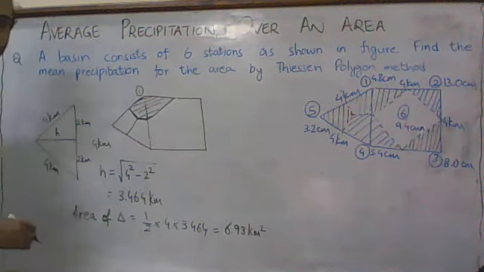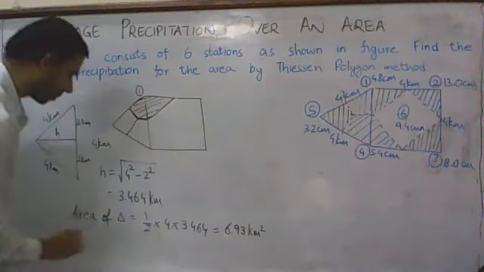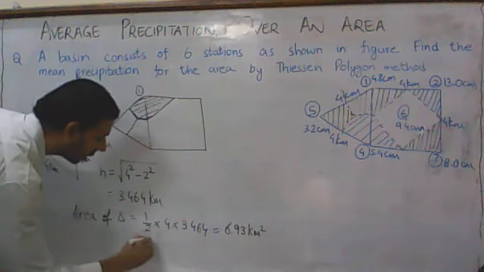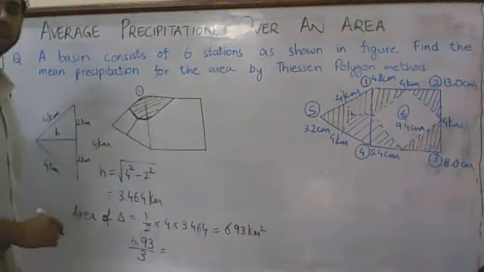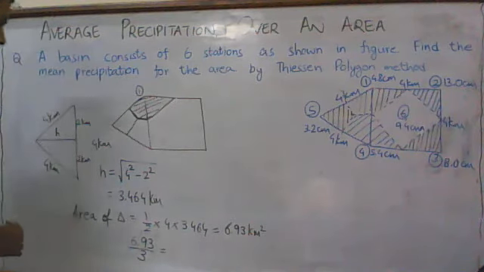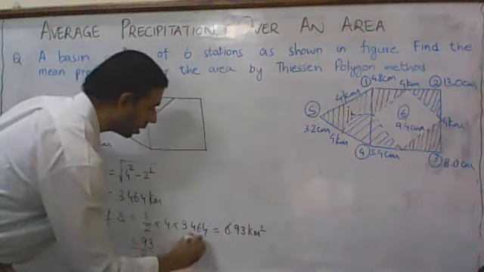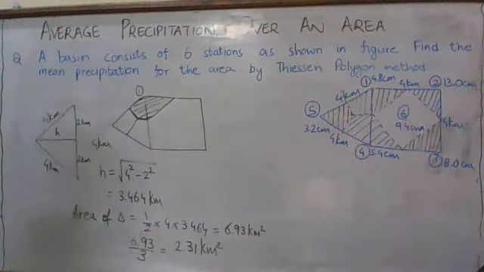So this portion is 6.93 divided by 3, and that comes out to 2.31 square kilometer.